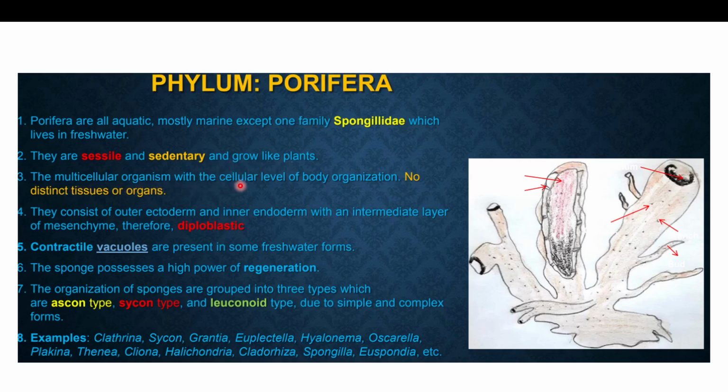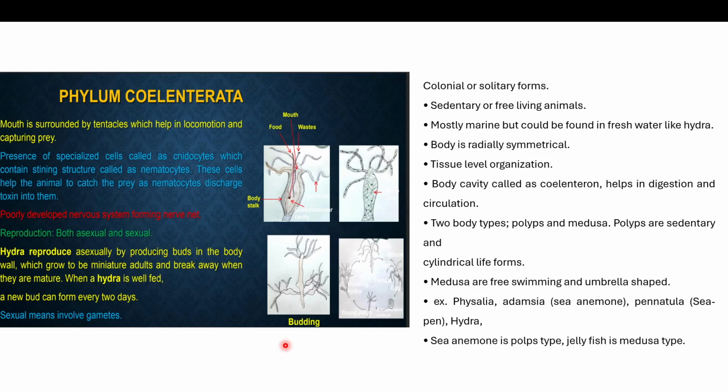These are multicellular organisms with a cellular level of body organization without any distinct tissue or organ. These are diploblastic, they have contractile vacuoles present in some of the freshwater forms, and they show a high power of regeneration. And these are a few of the examples.